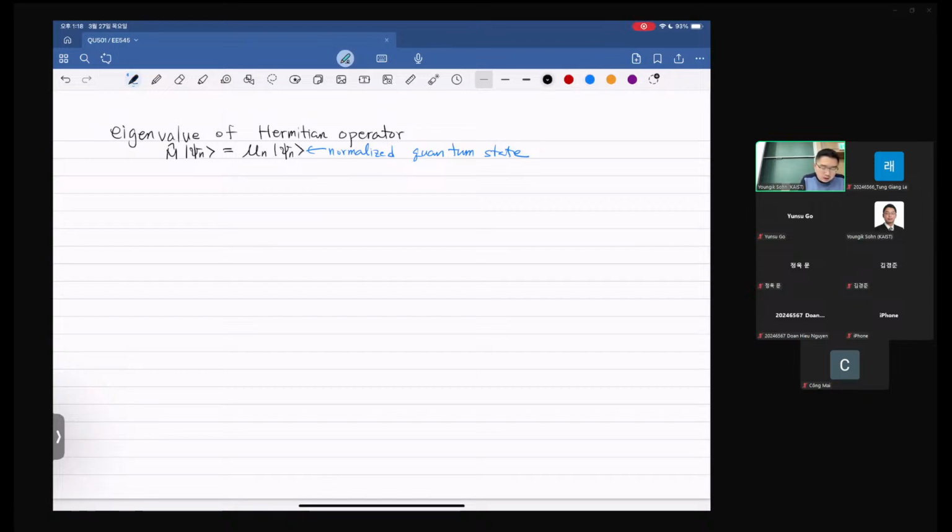Okay, and then what I'm going to do is I'm going to calculate psi n, M operator, psi n, sandwiched. What I'm doing now is applying M to the eigenstate, okay?